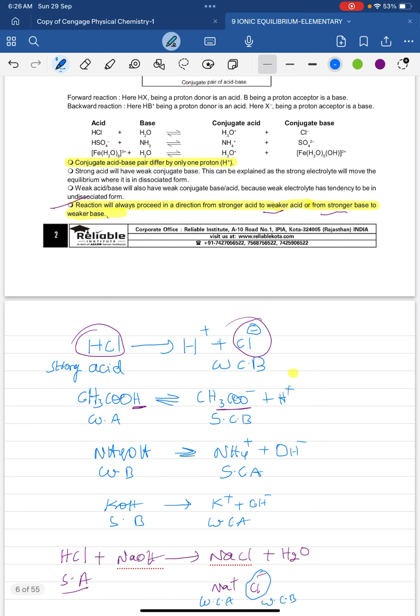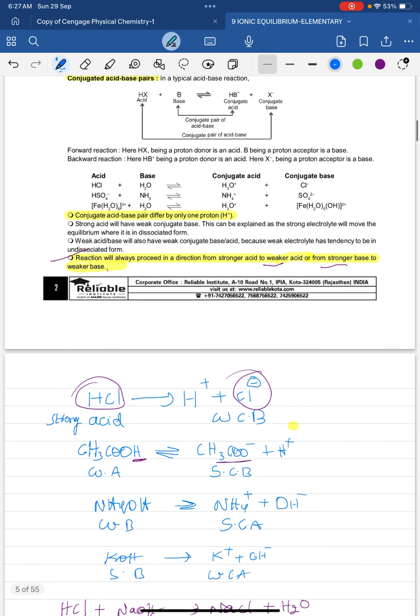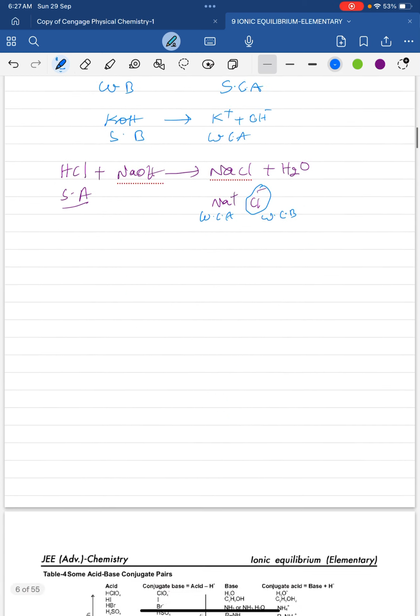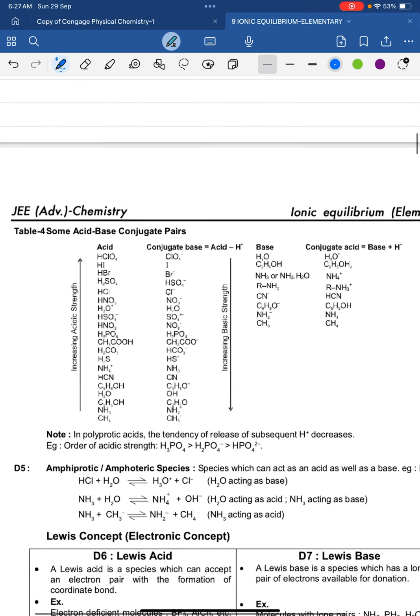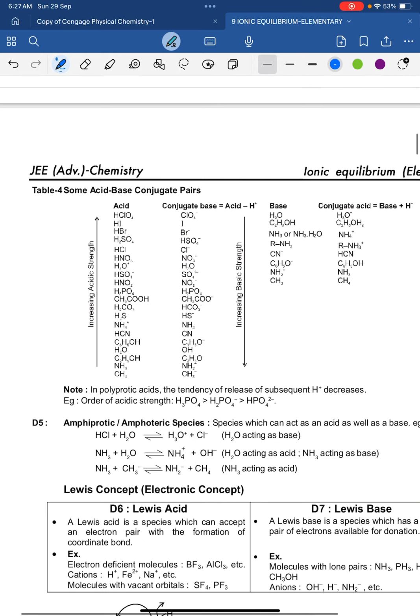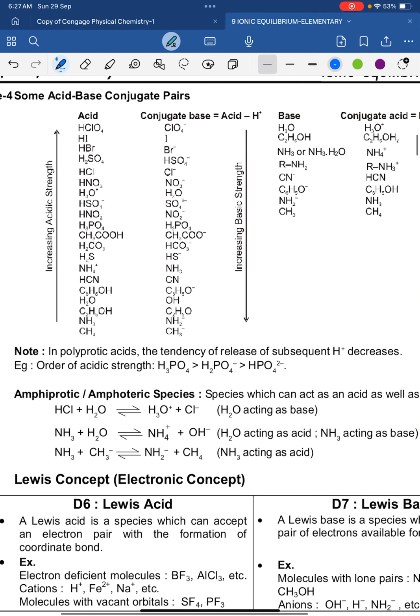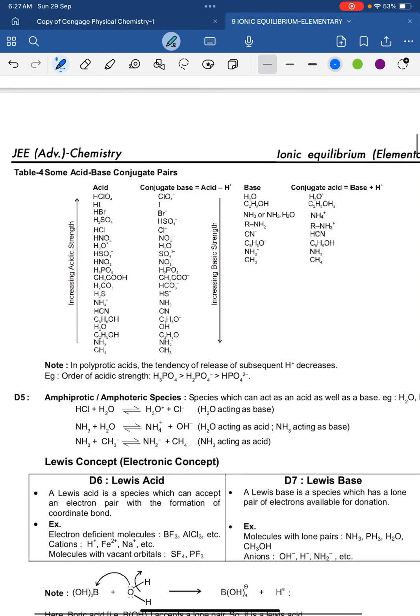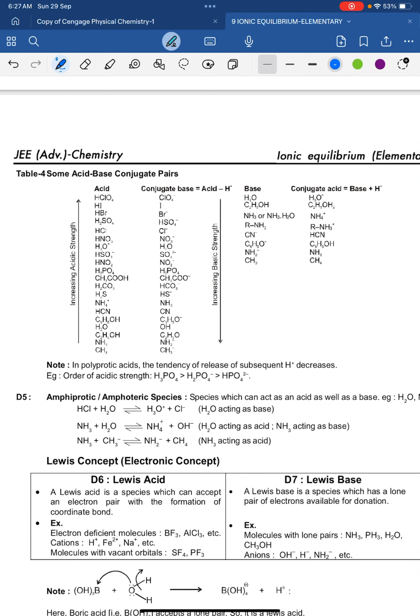Basically according to this theory, an acid is an H plus donor and a base is an H plus acceptor. Now we can apply some different cases. For example, I am choosing water. Water has amphoteric character. You can see very clearly here: H2O is an H plus acceptor in this case, and H plus acceptor means base.